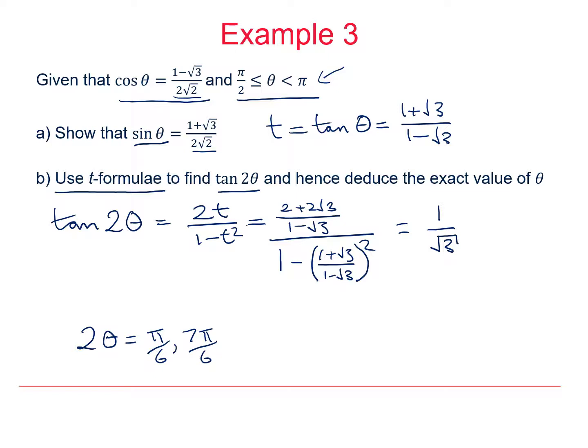Well, pi over 12 isn't in that range, but 7 pi over 12 is. So our only solution is 7 pi over 12. The next one, 13 pi over 6, leads to 13 pi over 12, and that's bigger than pi. So this is our only solution.